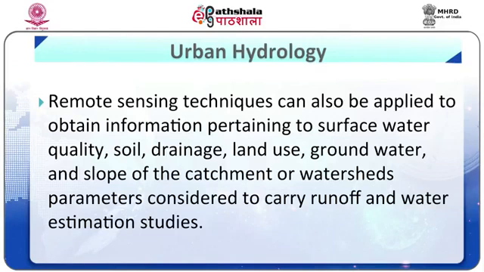Remote sensing techniques can also be applied to obtain information pertaining to surface water quality, soil, drainage, land use, groundwater and slope of the catchment or watersheds. Watershed parameters are considered to carry out runoff and water estimation studies.